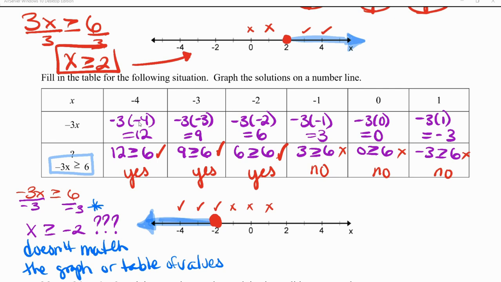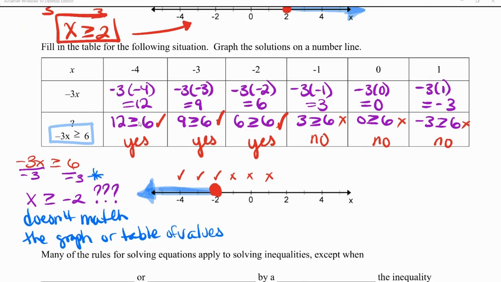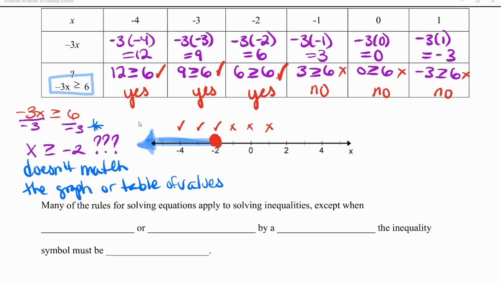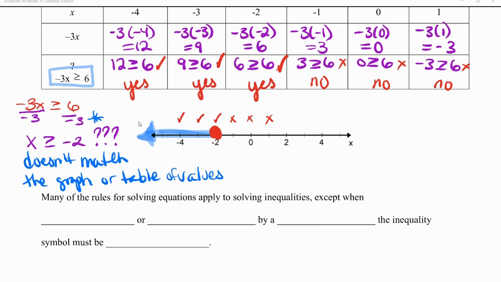So there's one little stipulation when we're solving inequalities that involve multiplication or division. All of the rules for solving equations apply, except when multiplying or dividing by a negative number.